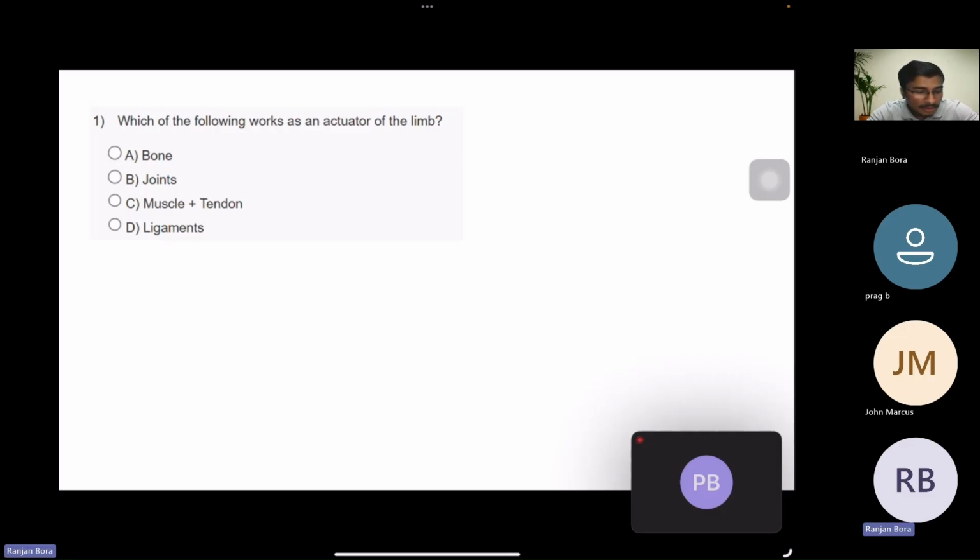So the first question was, which of the following works as an actuator of the limb? Yes, muscle plus tendon. So option C is correct.